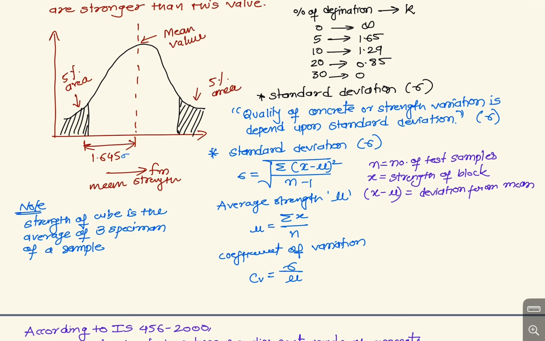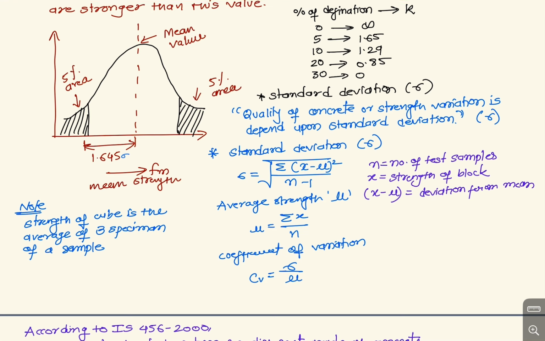So standard deviation is calculated as the square root of the summation of (x minus u) square divided by (n minus 1), where n stands for the number of test samples, x stands for the strength of the block, and x minus u gives the deviation from the mean.